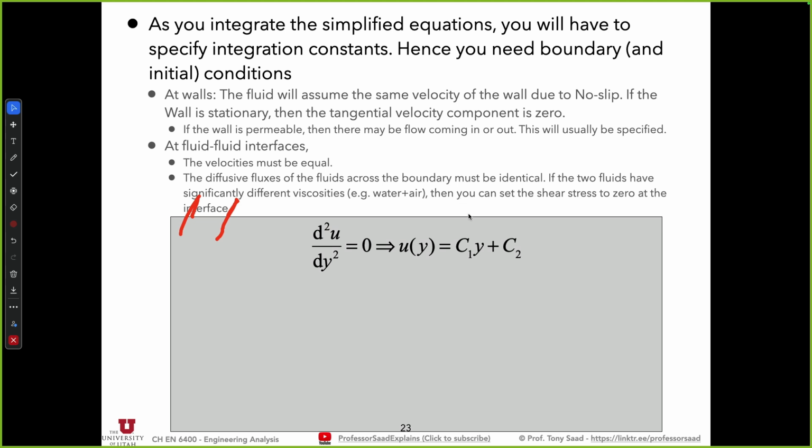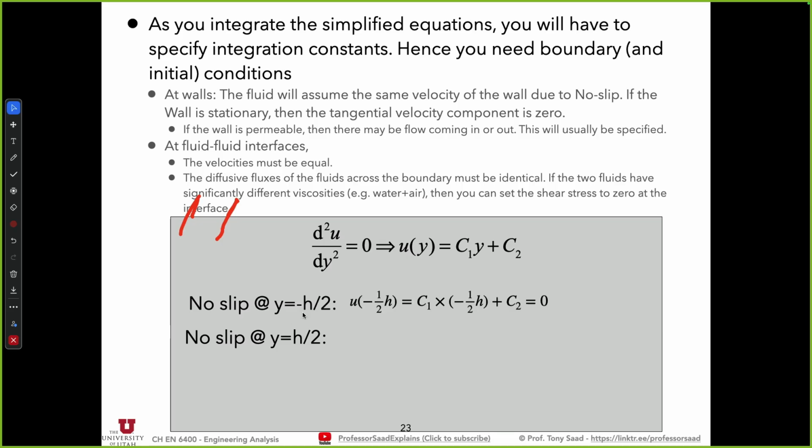Now you apply the boundary conditions. You say no slip at the bottom wall and no slip at the top wall. No slip at the bottom wall means that the velocity at minus h over 2, you put minus h over 2 into the formula, is equal to 0, because the wall at the bottom is not moving. No slip at the top wall means u at h over 2 needs to be equal to u wall, okay?